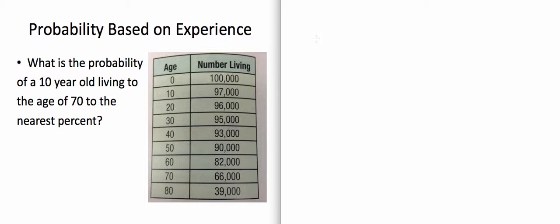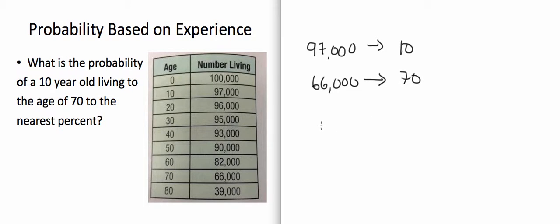So what we've got is two numbers. We've got 97,000. That's the 10. We have 66,000. That's the 70. We always take the smaller number, so 66,000, and divide it by the bigger number, because this is not the zombie apocalypse.